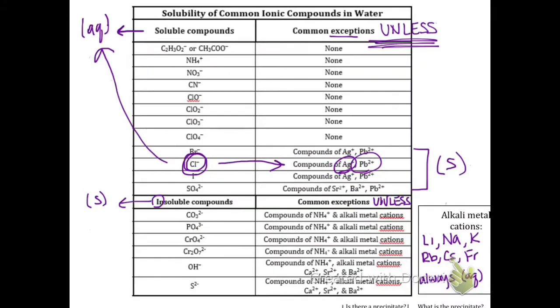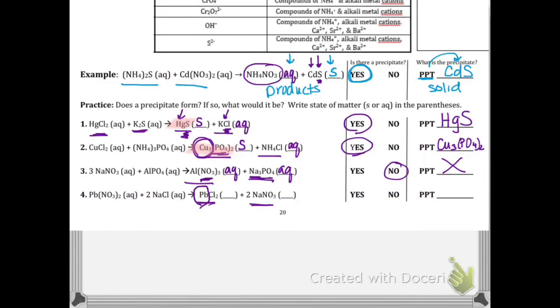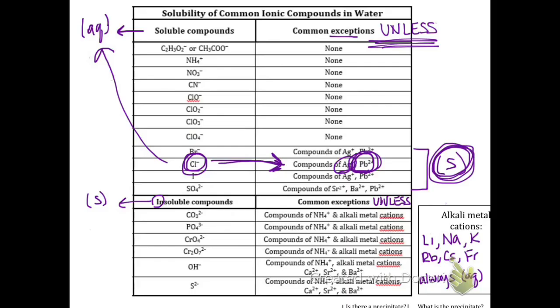So if you look back at your chart, it's not going to be aqueous anymore. It's attached to an exception, so it becomes the opposite. It will become a solid now. So you're going to go back and put the letter S here. Next, you have NaNO3. There are two ways to solve this one. NO3 is right here. NO3 is always aqueous, always soluble, and it has no exception, so it means it's always aqueous.